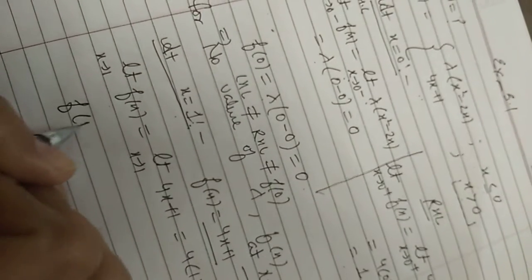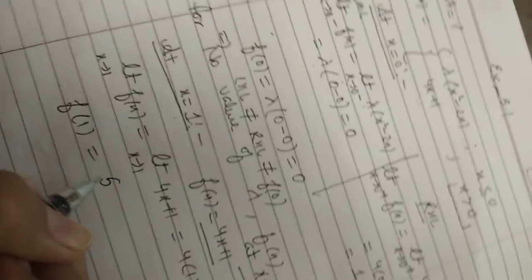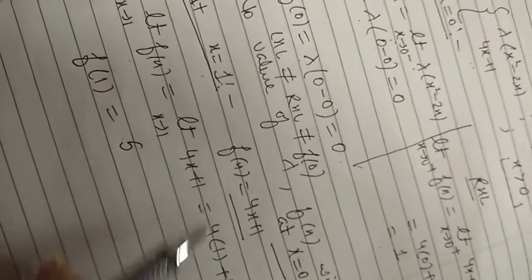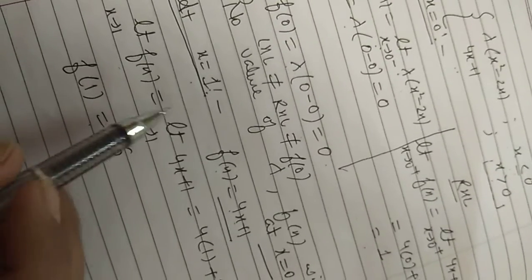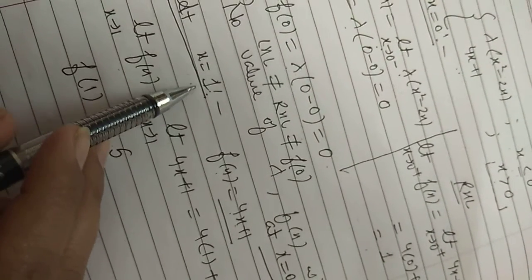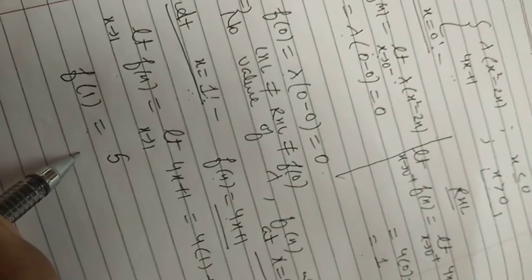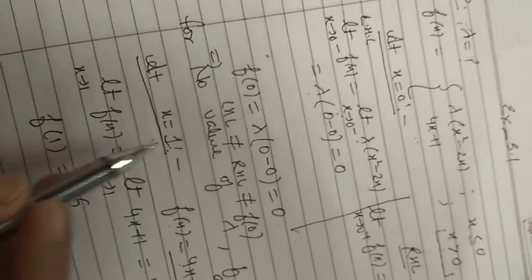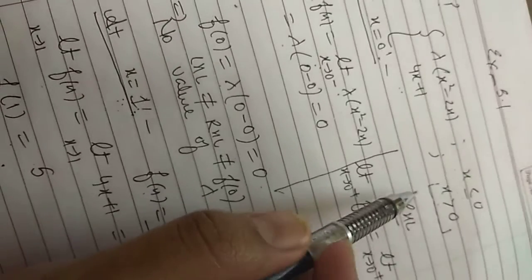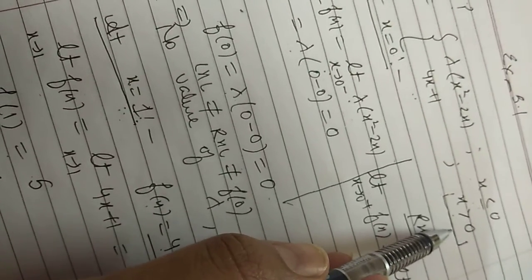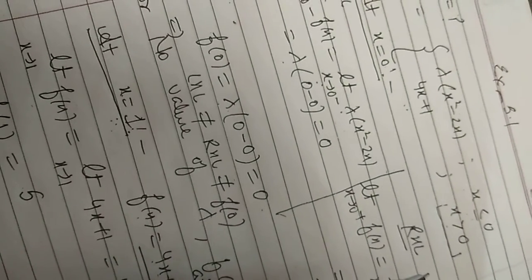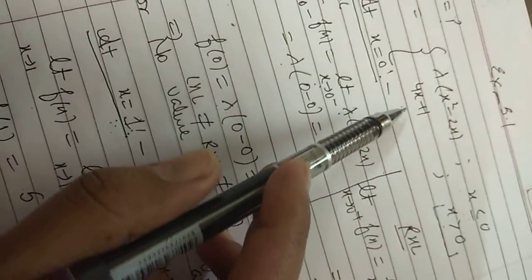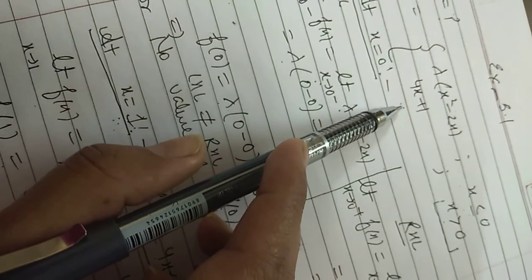And when I find the value of the function, this will also be 5, because in the same function 4x plus 1 we put x equal to 1. So when I check the continuity at x equal to 1, the function is continuous. Not only 1, for every value of x greater than 0, it can be 1, 2, 3, 4, till infinity, the function will always be continuous.